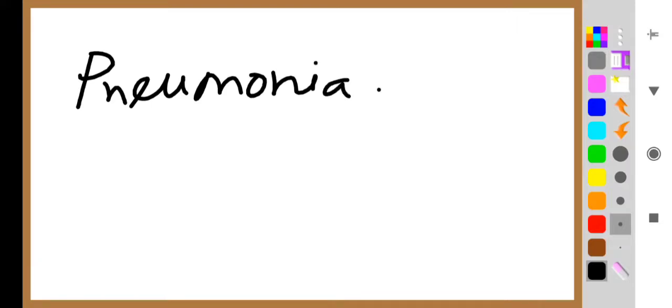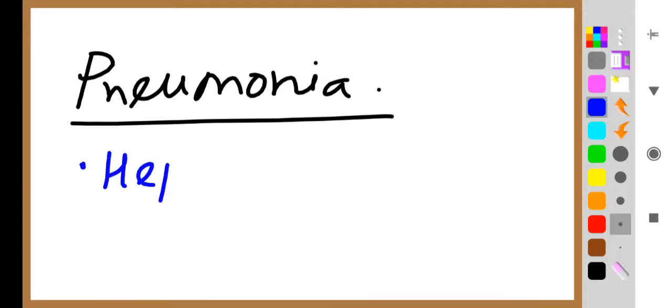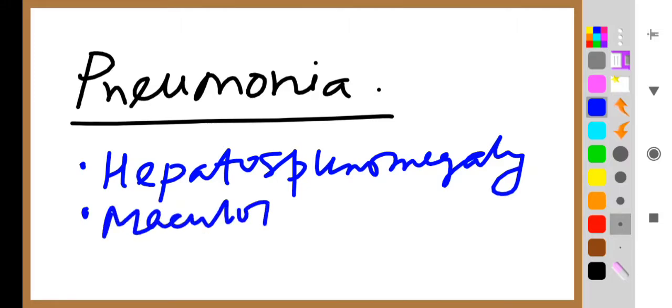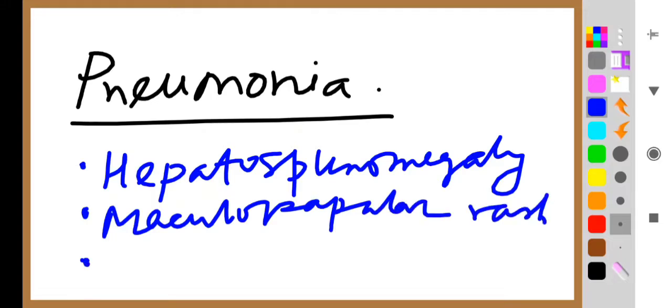So you can remember these three important things which I told you. Let us revise once again. One is hepatosplenomegaly. Number two is maculopapular rash. Number three is pneumonia.